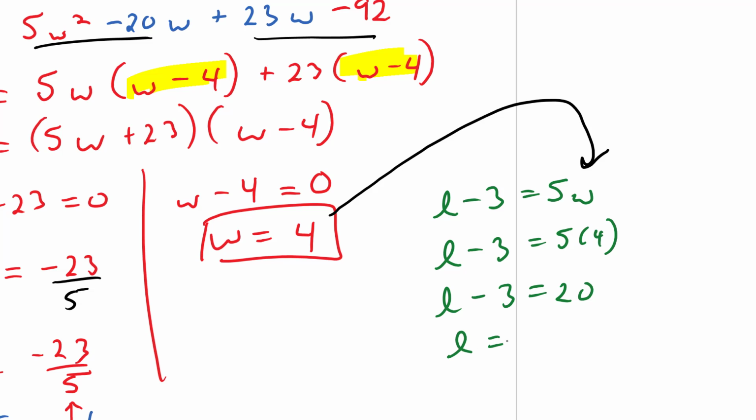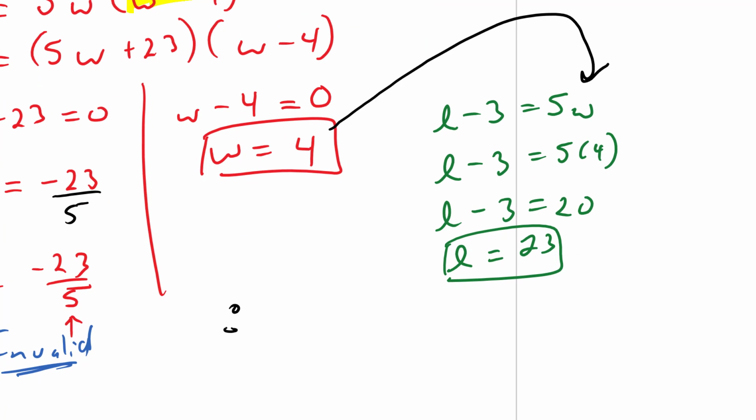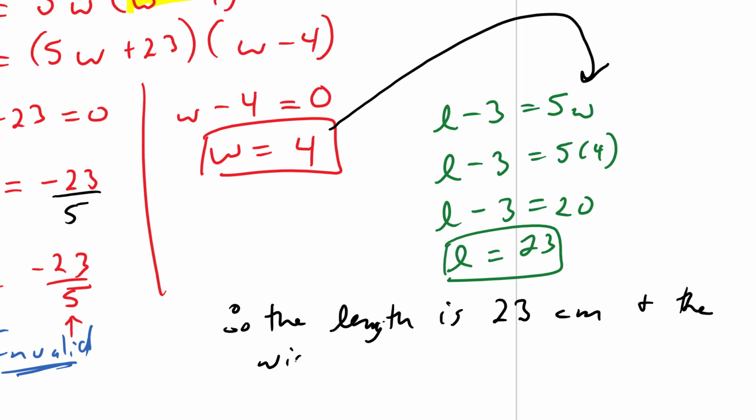So length is equal to negative 3 becomes positive 3, 23. Therefore, the length is 23, our units, centimeters. And the width is 4 centimeters. Final answer.